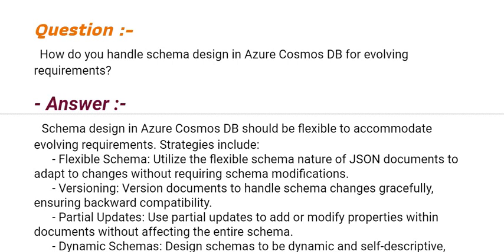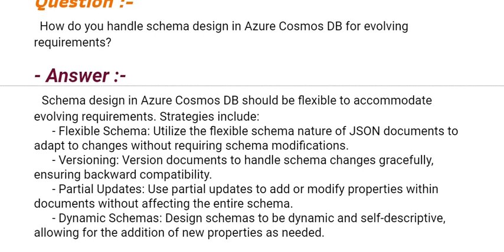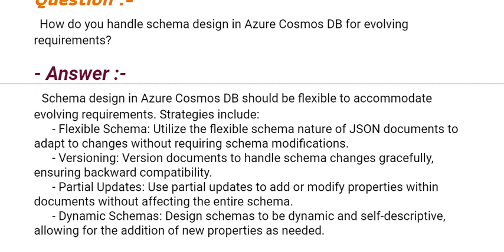Utilize the flexible schema nature of JSON documents to adapt to changes without requiring schema modification. The next one is versioning. Version documents to handle schema changes gracefully, ensuring backward compatibility. The next one is partial updates. Use partial updates to add or modify properties within documents without affecting the entire schema.